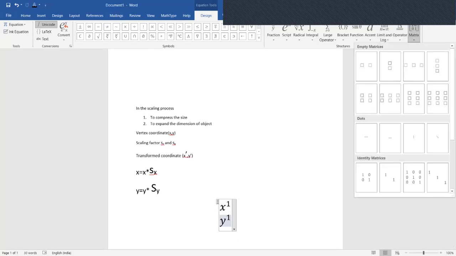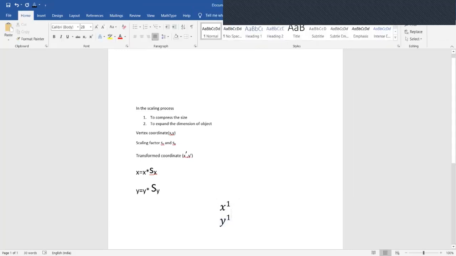So this is the representation of the matrix, and let me write the whole equation.